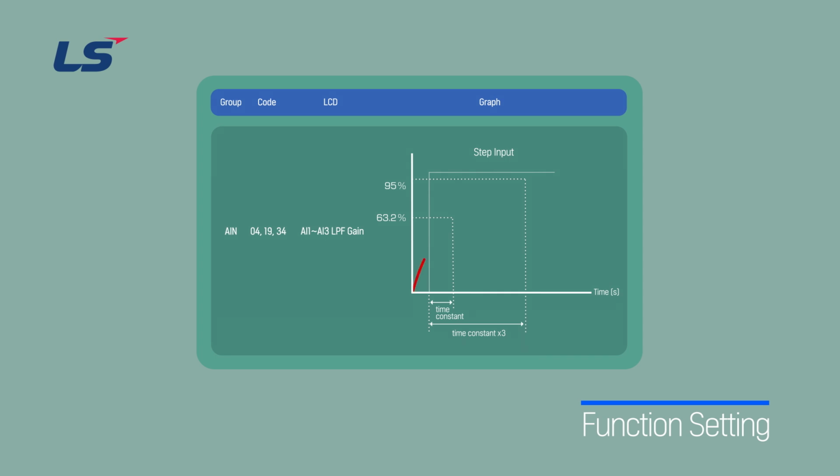The larger you set the filter time constant, the smaller the frequency fluctuation, but it slows down the response time. The setting time, T, is the time it takes for the internal frequency settings of the inverter to reach about 63% when voltage from an external power source is input as a step.